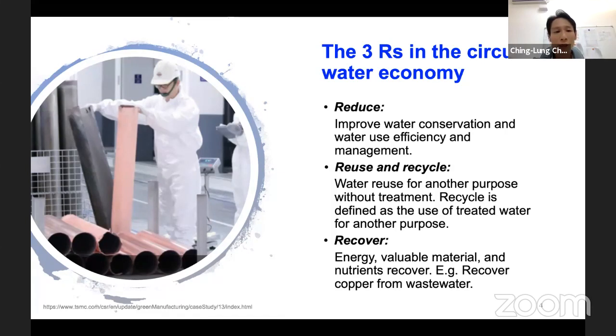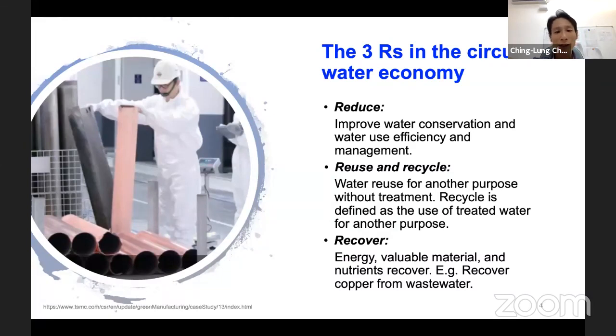For example, as you can see from this picture, this tubing is copper, because the company's wastewater contains a high concentration of copper. So the company tries to recover this copper and sell it in the market, and they can also reduce the heavy metal, for example copper, going into the river. They can make some money.